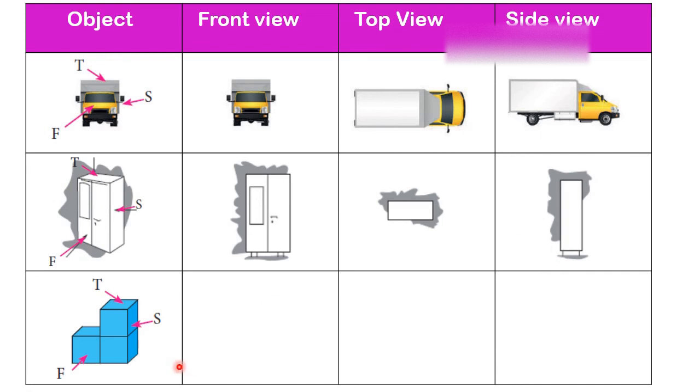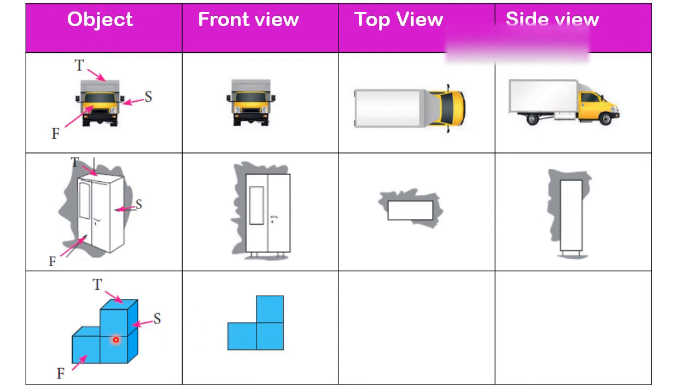The next example, here they joined 3 cubes. 1, 2, 3. 3 cubes are there. If you look at this from the front side, totally 1 square, 2, 3. 3 squares are there. So this is how we have to draw 3 squares.